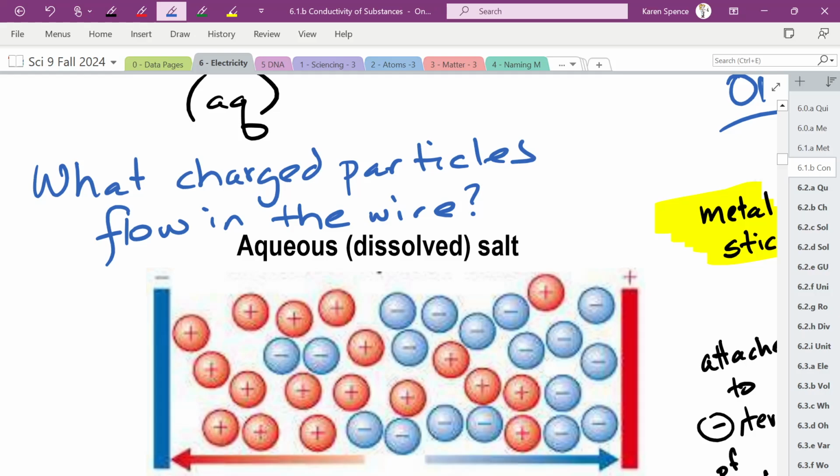What charged particles flow in the wire? Is it positives? What's the wire made of? The wire is made of metal.